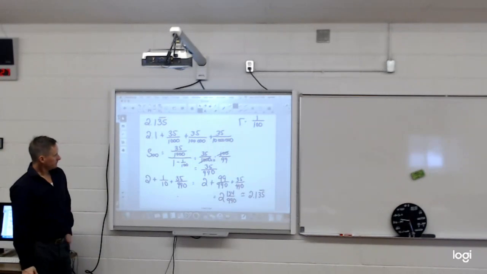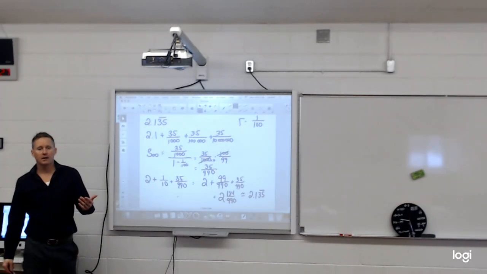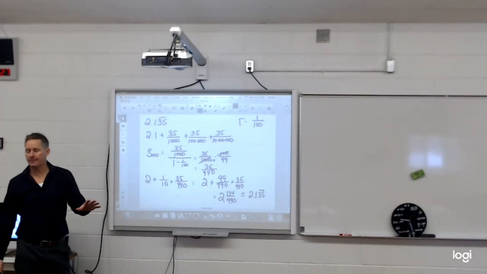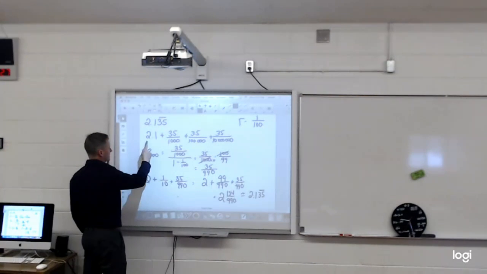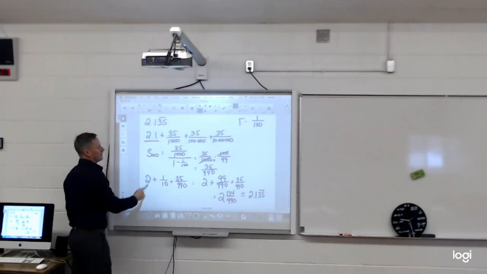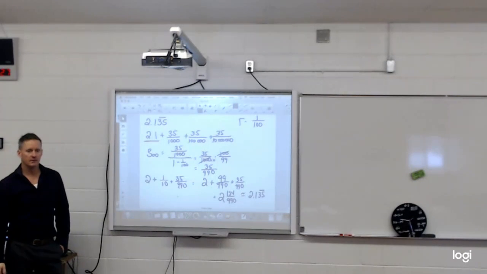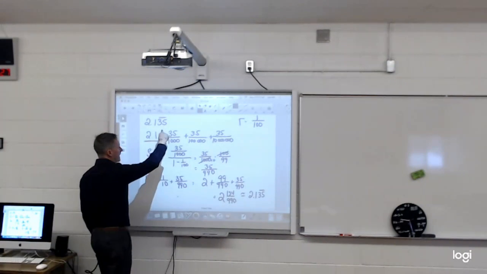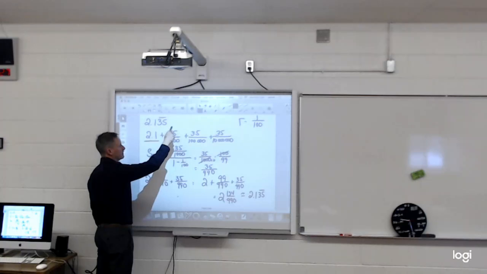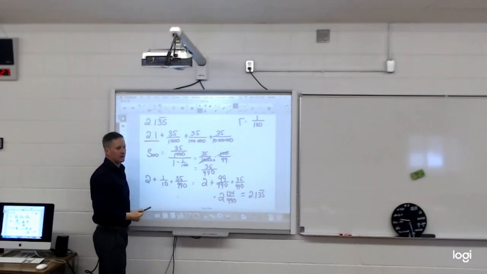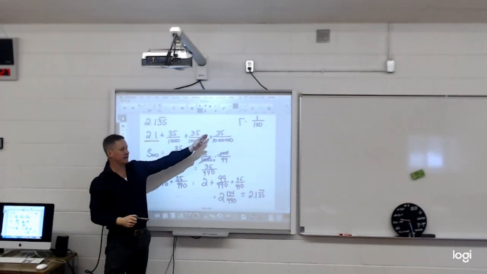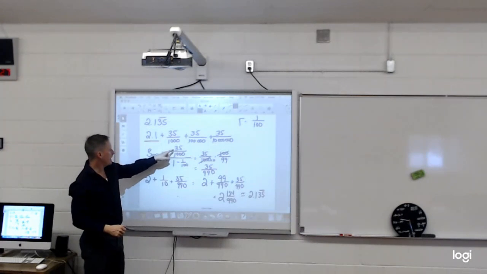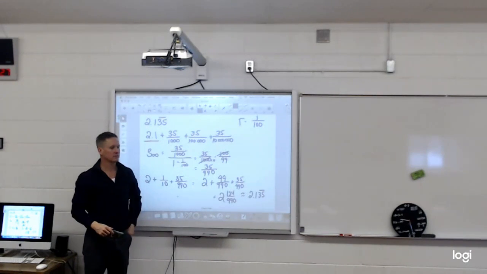Okay. All right, so just to refresh what's happening here. The first thing you do is you isolate your non-repeating part. And then that adds on to this as a repeated decimal. So we just expanded this out to get our common ratio.